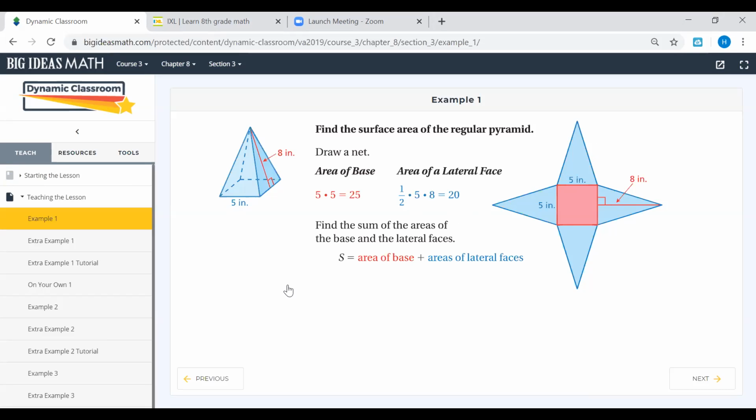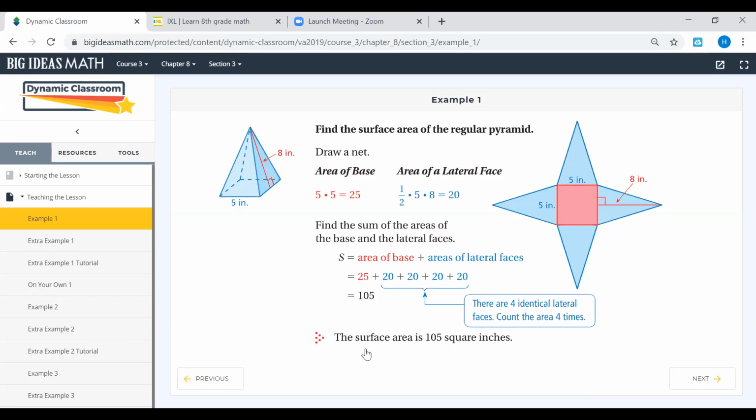So surface area is area of the base plus area of the lateral faces. The area of the base again being 25, and then each lateral face is 20, so you would add 4 of them because you have 4 lateral faces. There are 4 identical lateral faces, so count the area 4 times to get 105. So the surface area is 105 square inches.